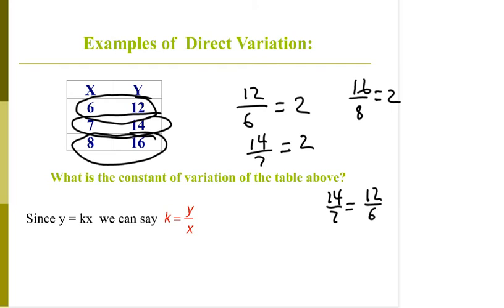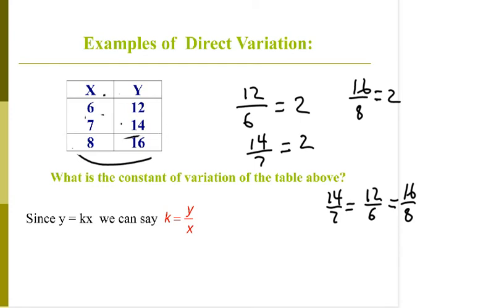Besides that, we also want to know what our constant is. So notice that what remained constant for all the ratios was a 2. So our constant of variation is 2. We can also say that what we're doing to each of these x values here is multiplying each of them by 2, by that constant, to get y.